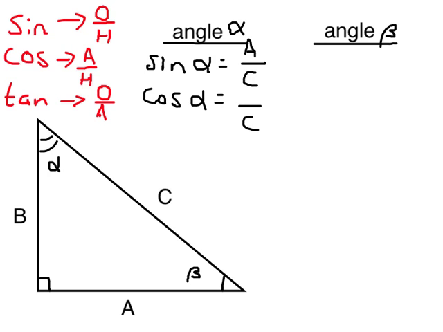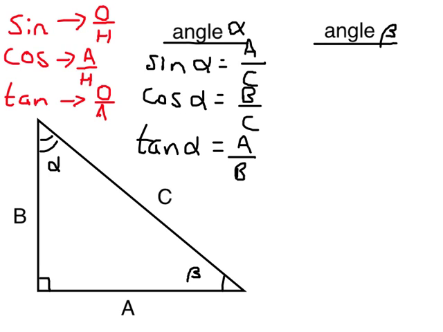So the adjacent side, which is the A in CAH, is going to be side B. Finally, to find the tangent of angle alpha, I need to take the opposite side, which was side A, and divide by the length of the adjacent side.